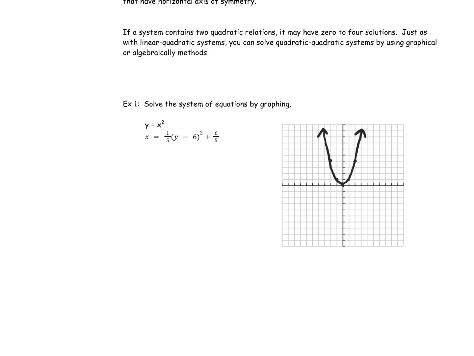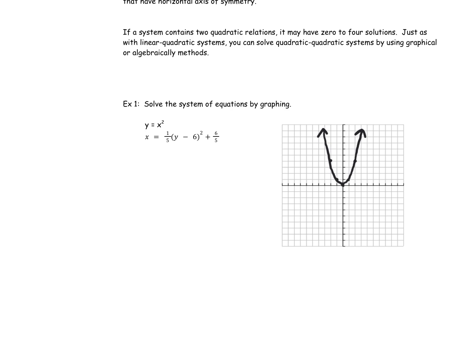All right, so now we are going to graph this other parabola, which is going to be a quadratic relation, on this same graph, and we're going to see where they intersect. So in order to plot the vertex, we have to remember that our h is now not inside the parentheses, but it is outside.